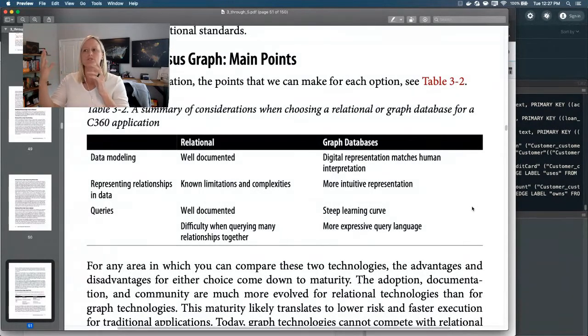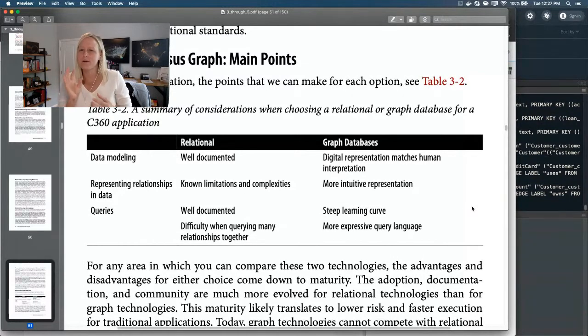When we were doing those questions a few moments ago, we had a picture on the right-hand side and then wrote a query that was essentially walking through your data. When I think about data modeling, the digital representation of your graph data matches how humans intuitively think about their problem and the connectedness of their problem. Because of that, it makes it a heck of a lot easier to model relationships in your data.